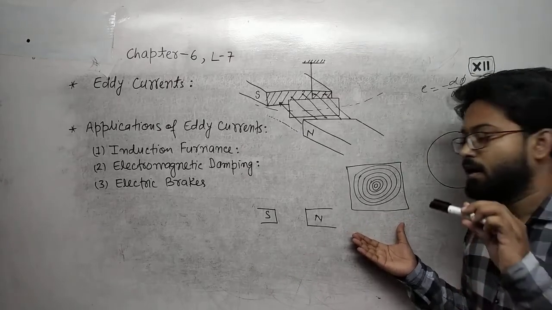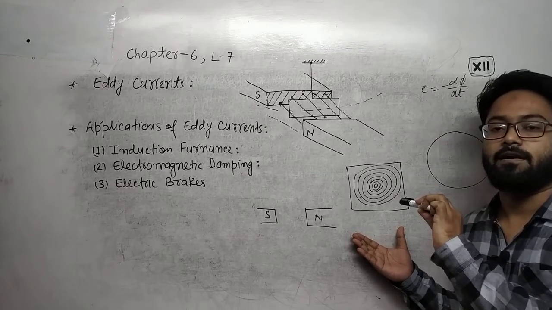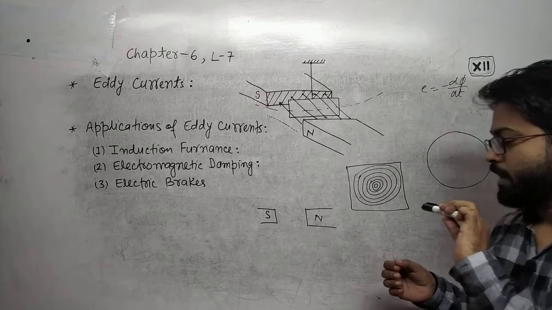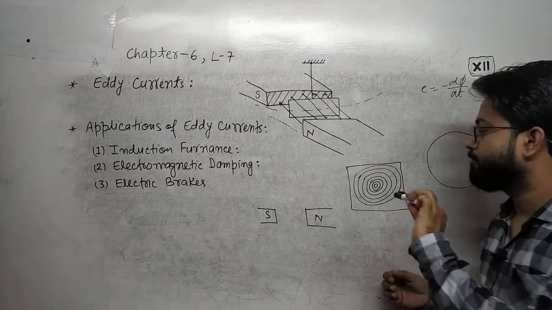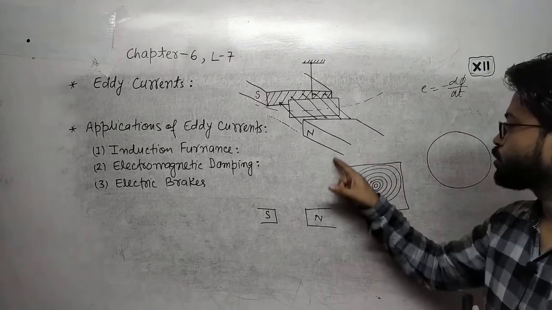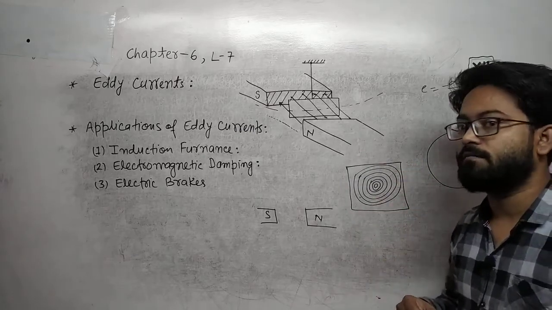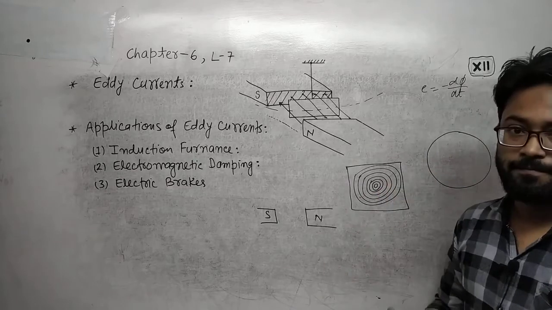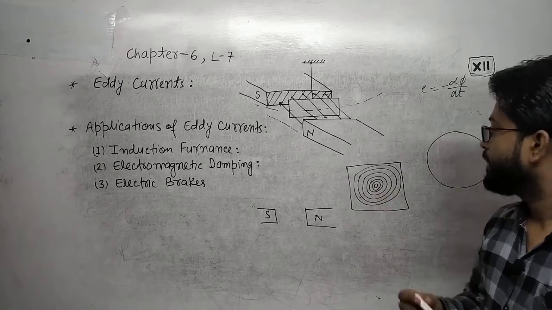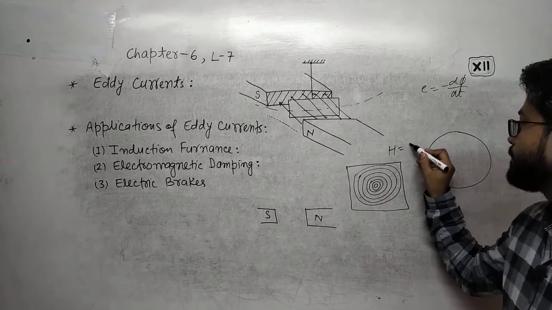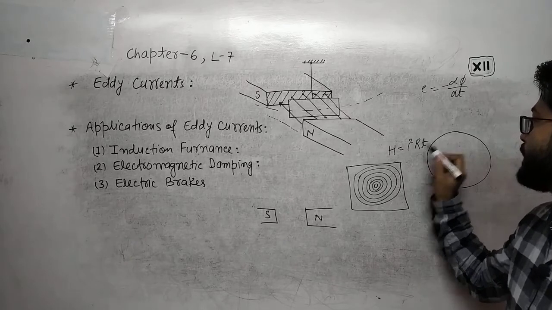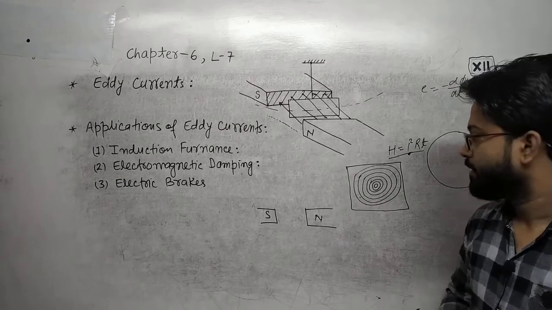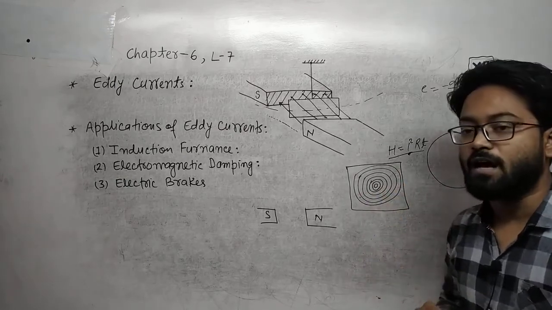We apply a large magnetic field. The strength of the magnetic field is very large. When the magnetic field is varying through this particular metal, a current will be developed. If the current is very high, the heat produced in the metal will be very high.